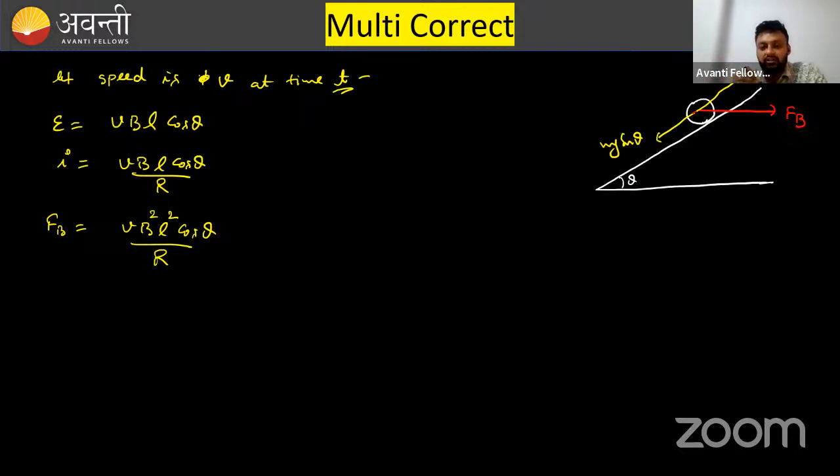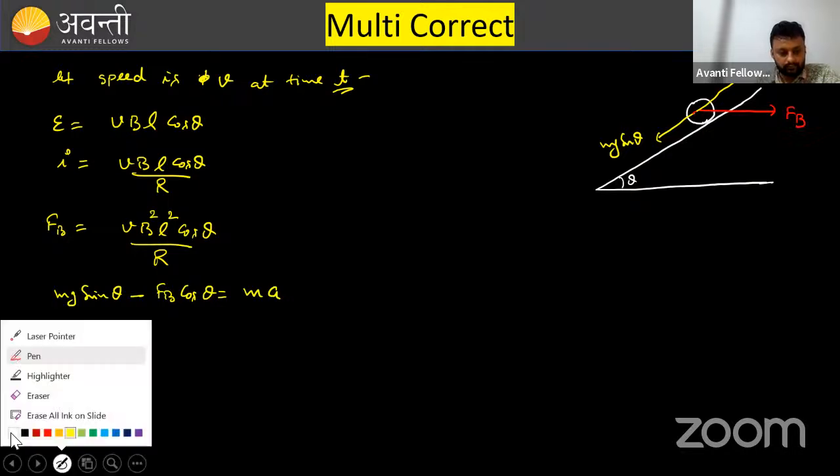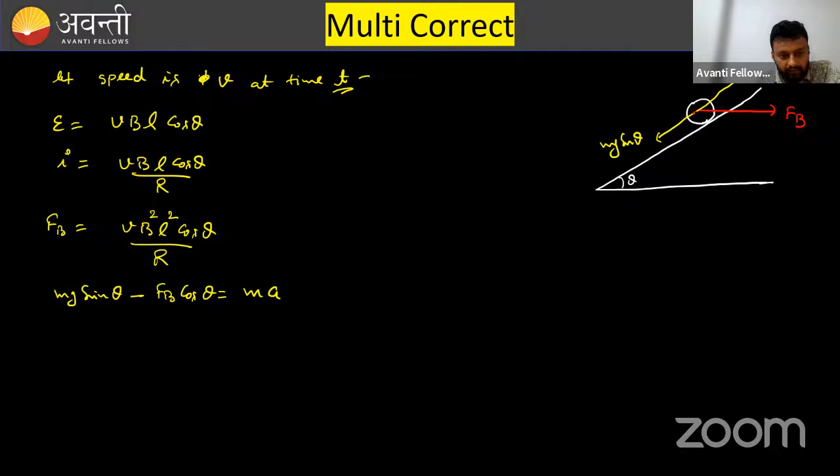That means it will have some acceleration. And if it is having some acceleration, then we can say mg sin theta minus FB cos theta is equal to m into a. Is this line completely clear? Now put the values. Minus FB cos theta is V B squared L squared cos squared theta divided by R, equal to m into a.